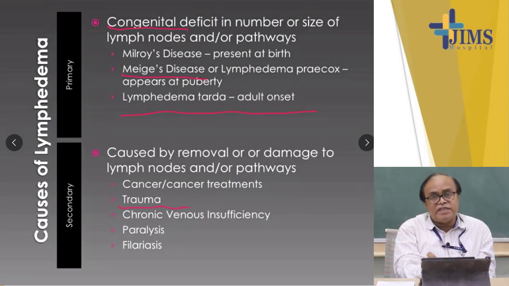Chronic venous insufficiency, for example varicose veins: there is slowing or absence of venous return, which leads to excess collection of fluid in the tissue spaces, and the lymphatic system may not be able to handle so much extra pressure, and that ultimately leads to lymphedema.